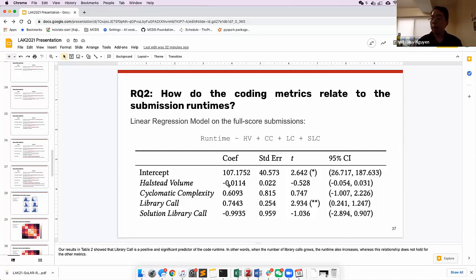And one possible interpretation is that if you save each of your intermediate computations in a variable as you go through the task, then you avoid having to recompute those when you need them later. That means your code runs faster, but at the same time, your code has more variables. And that could explain the negative correlation here.